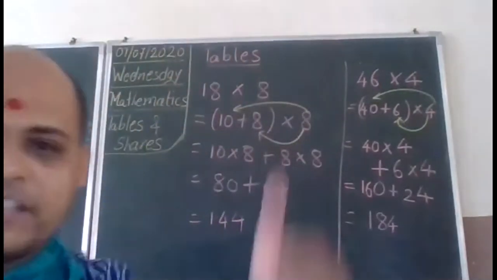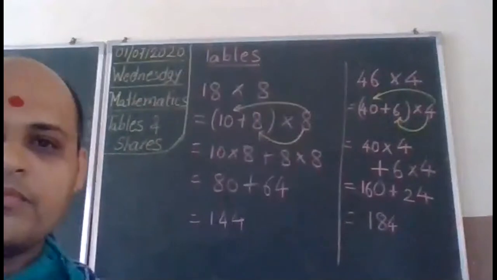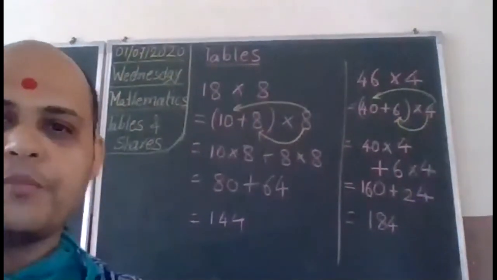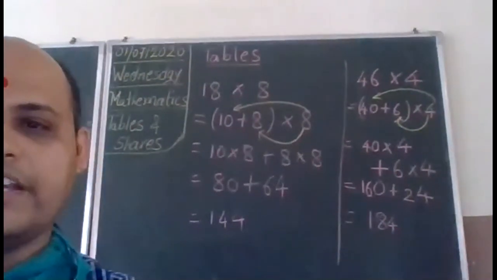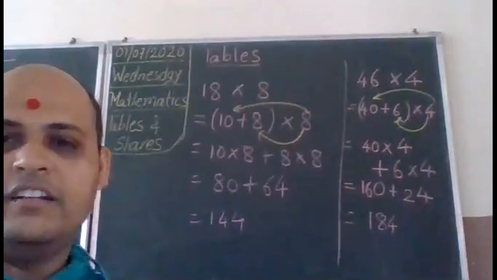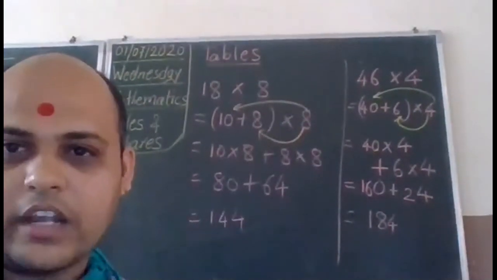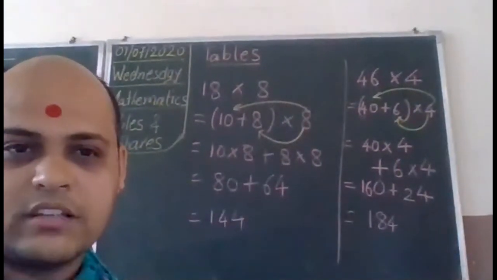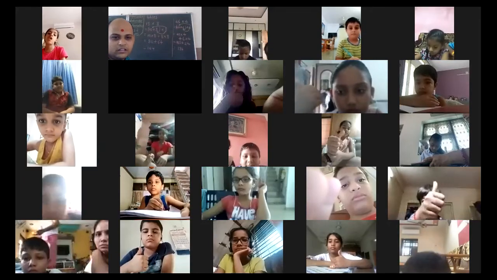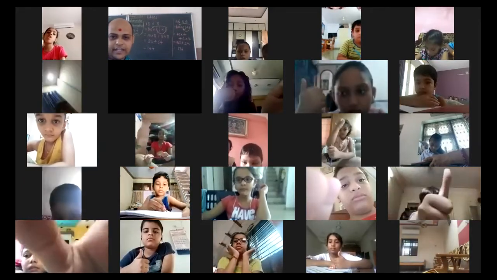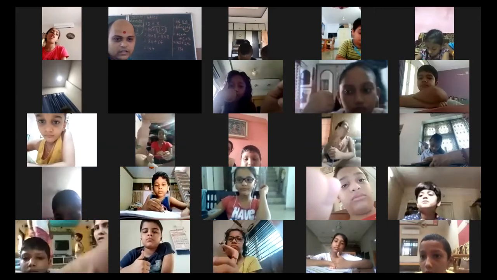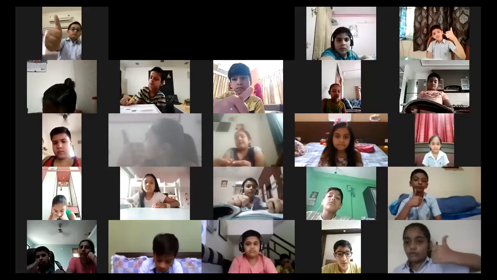Yes, now you understand? Show me your thumb. I can hear you. Yes, very good. Okay, good. I believe that everyone has got it now, how to do the tables. Yes? Netra, clear? Very good. Hardy and Harvey, where are you?